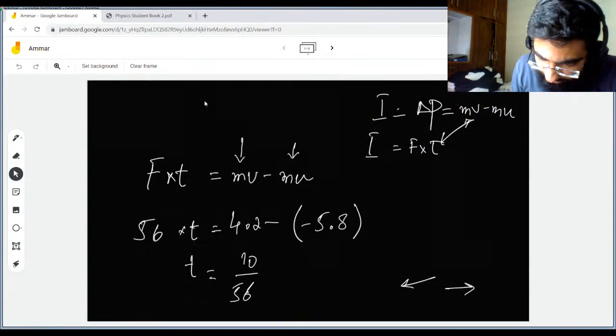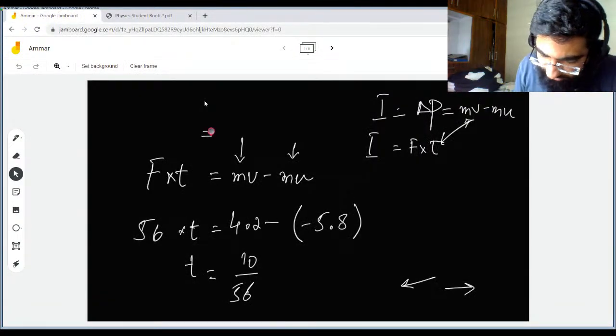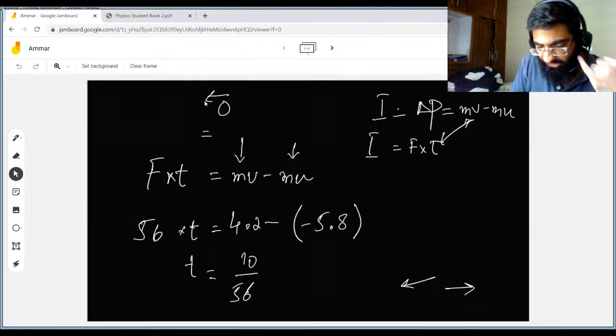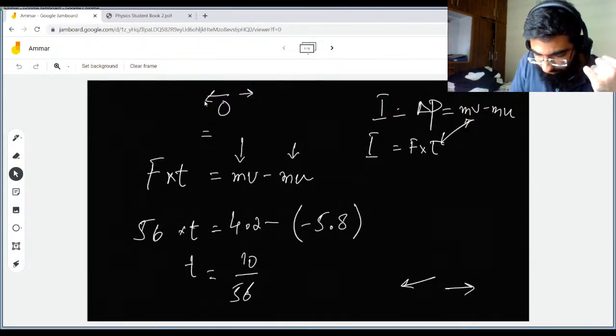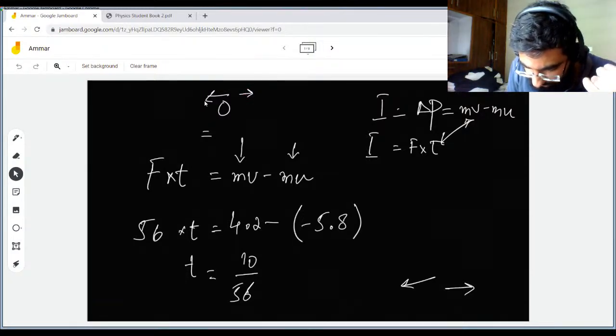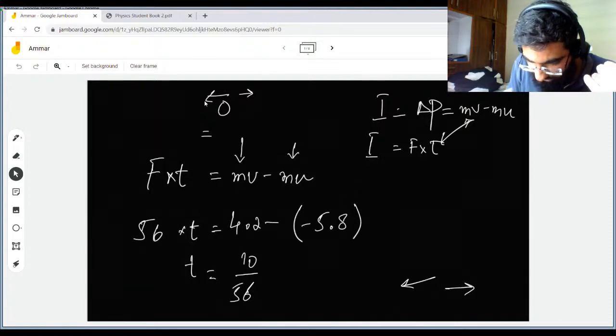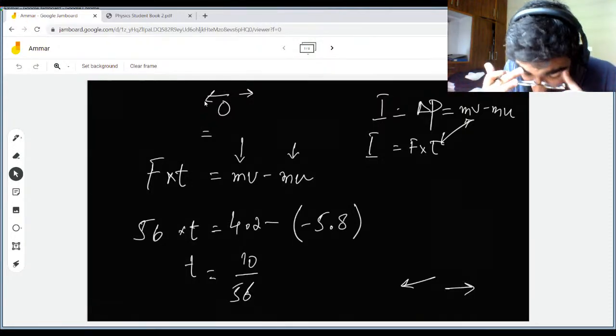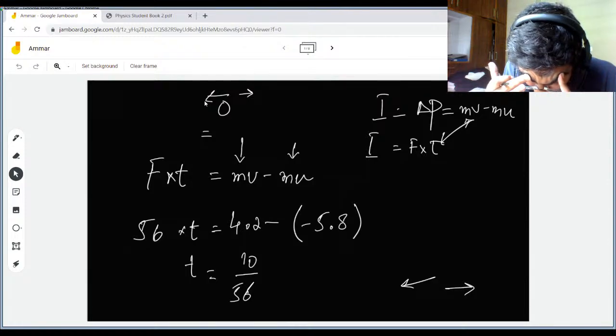Again, we are given that a ball has an initial momentum, so it goes this way. If towards the left hand side I take the momentum to be positive, then towards the right hand side would be negative.